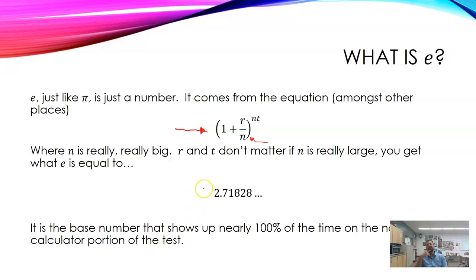We would get the same number every single time if we were to make n sufficiently large, and we would get 2.71828. And mathematicians notice that that happens an awful lot. This isn't the only place that that number pops up. It actually pops up in a lot of other places as well. But since that number shows up so often, we call that the natural number, and they just use the letter e for that. This number shows up a ton on the non-calculator portion of the AP test. So I thought it was important to talk briefly about what e is.